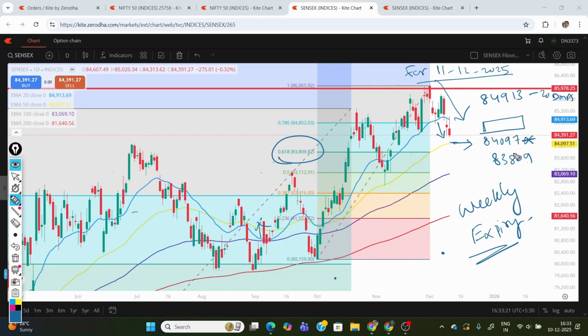More likely 84,097, roughly you can say 84,100, is going to be tested tomorrow on Sensex. That level was tested already in Nifty. So you have prior knowledge that it was already tested on Nifty a day back and almost today also. So this level is a more or less confirmed level for tomorrow on an intraday basis. That's all for now.